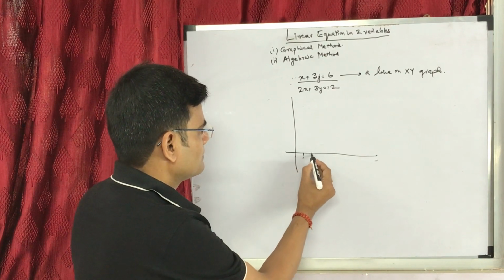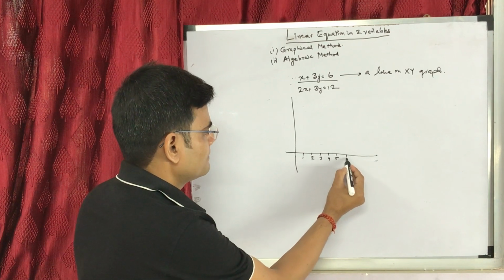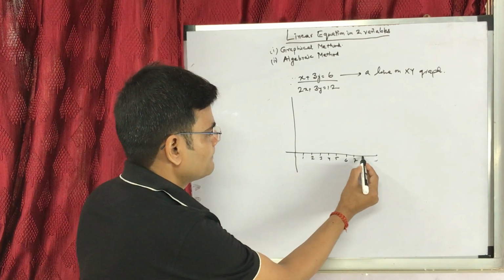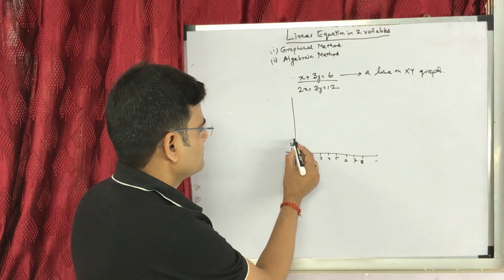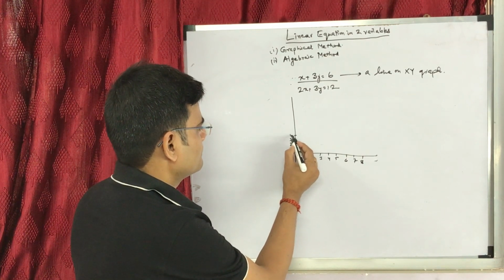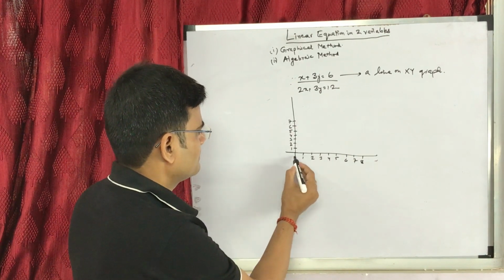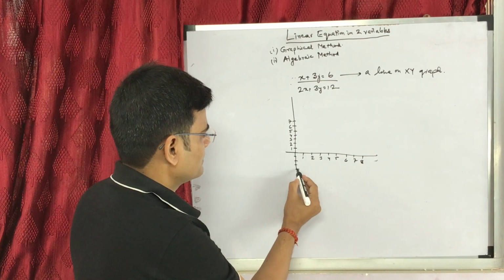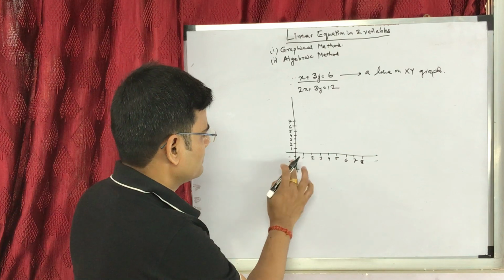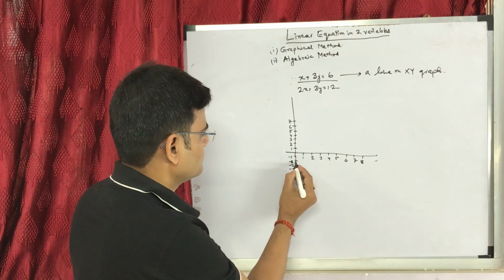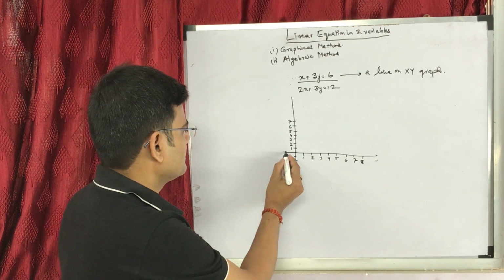This is 1, this is 2, 3, 4, 5, 6 on a graph paper. 1, 2, 3, 4, 5, 6, 7. And similarly minus 1, minus 2, minus 3 on the negative side.